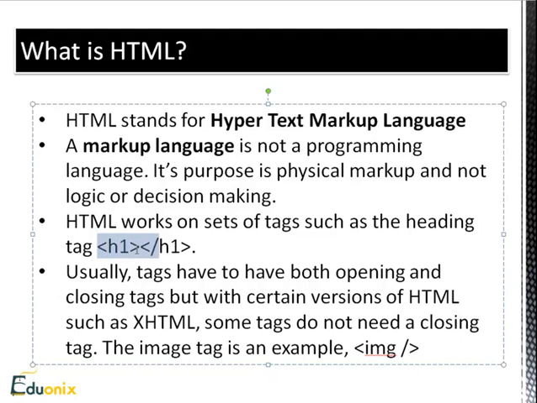We have an opening H1 tag and a closing H1 tag, and this is a heading tag. In HTML we have H1 all the way through H6, H1 being the largest format and H6 being the smallest. So if we put a heading in between here, it's going to display in our browser with the H1 formatting, which is the largest heading font.